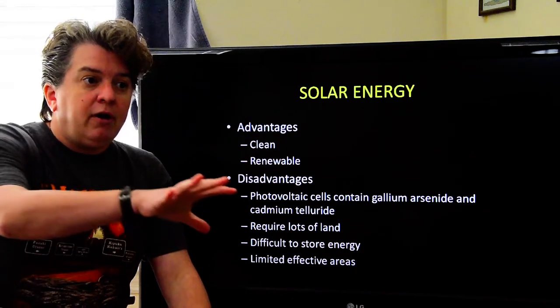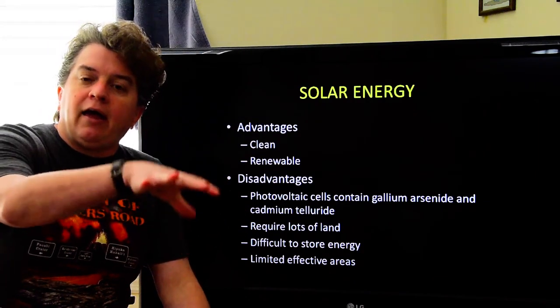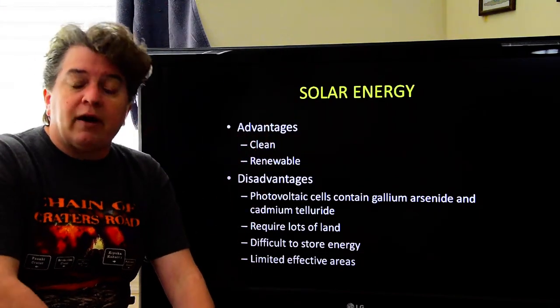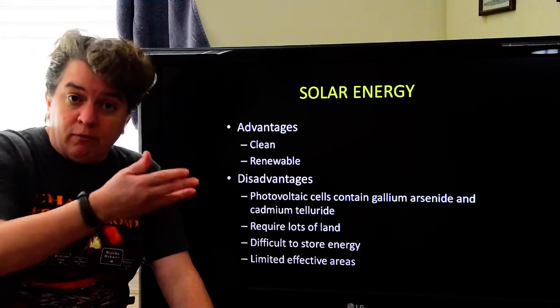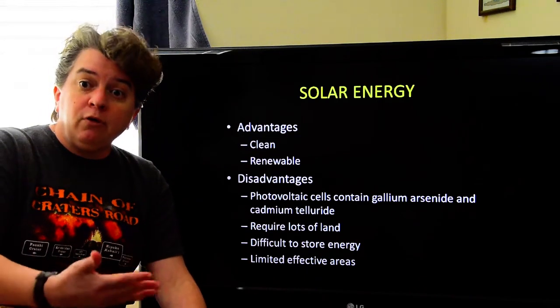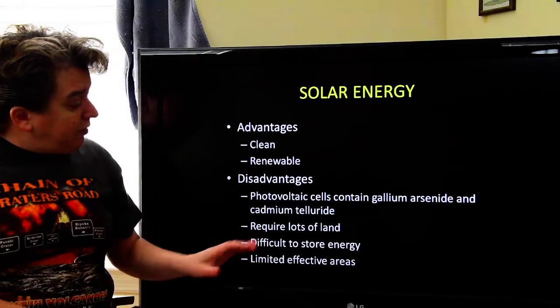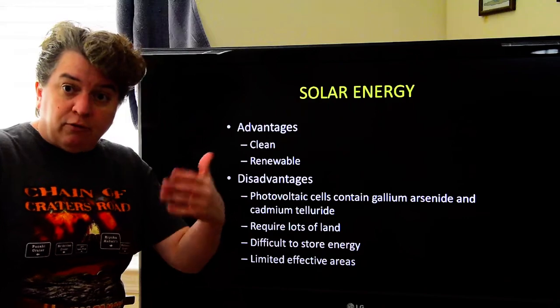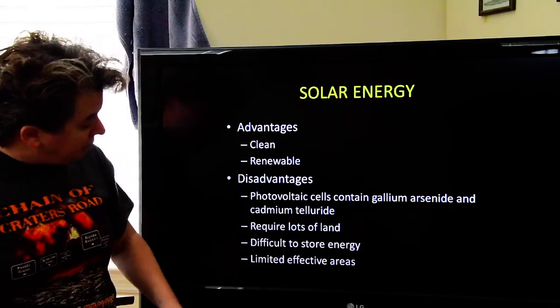So there you're kind of doubly using that land. You can park there, but you also are using it as a solar array. Of course, it's going to cost money to develop that, but it's not a bad way to use land like that. So these require lots of land, but you can be creative at how to utilize land best.